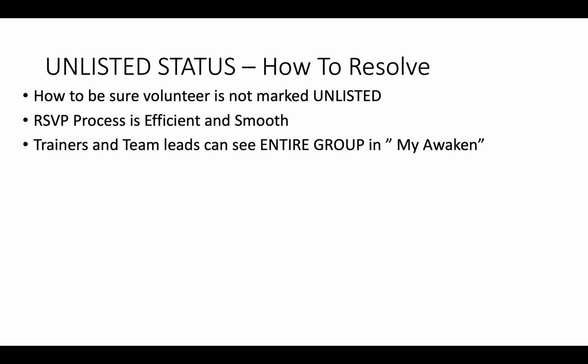We want to help people in DNA, who probably have an account by the time they get to DNA because they've probably already filled out a high card, move from unlisted to listed. That way, the team lead can schedule them for events, on a Sunday, on a midweek service, be able to see them in the group, have a snapshot of what's going on, and take a health pulse of their team.